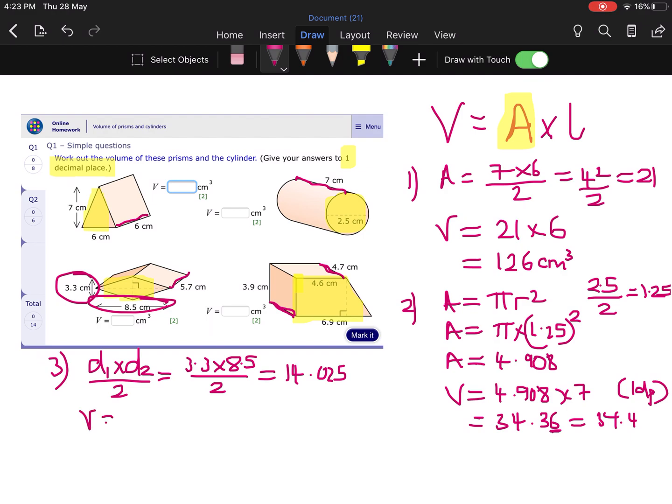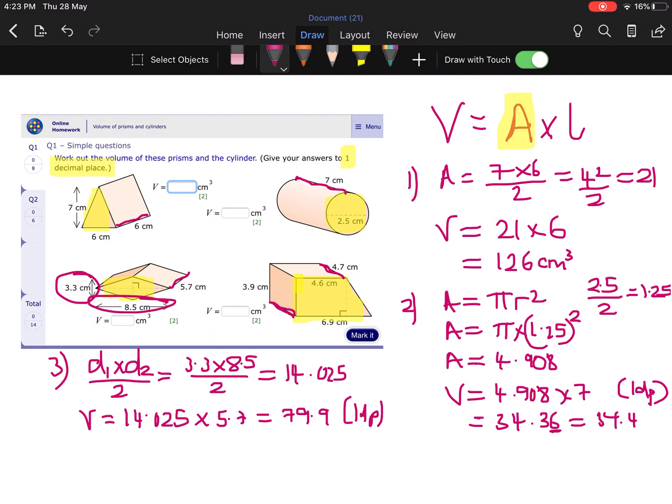So now to find the volume, I take the area of the front face and I times it by the length, which is 5.7, and that gives me an answer of 79.9 to 1 decimal place.